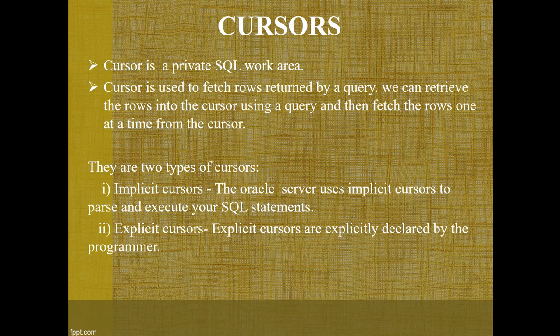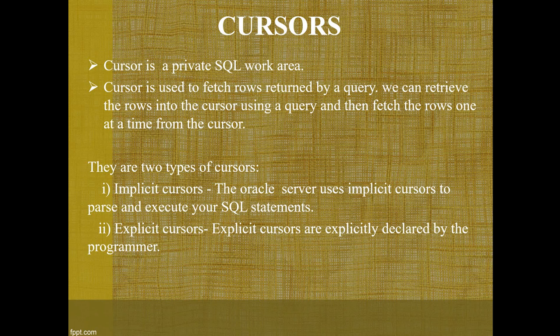It's one of the important concepts in PL/SQL to fetch more than one row from the database and store it temporarily in the cursor. And from the cursor, we can fetch one by one. There are two types of cursors. One is implicit cursors, the second one is explicit cursors.